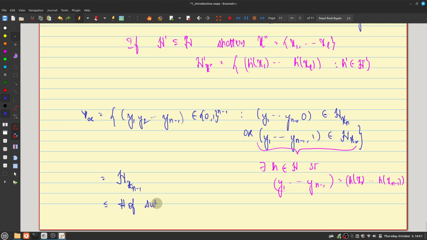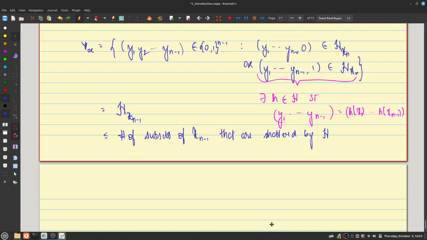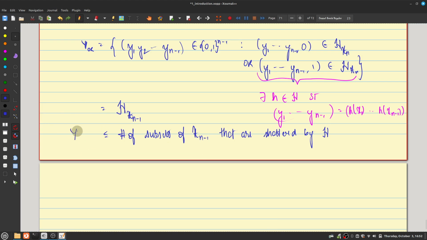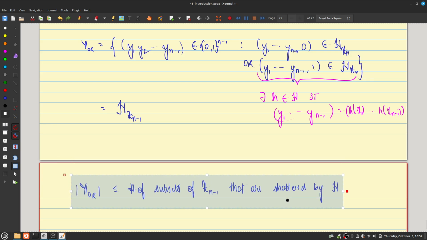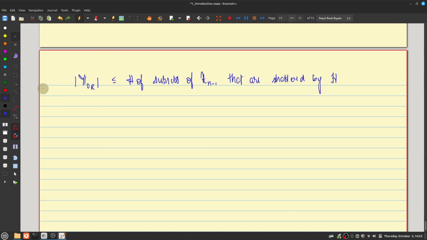The number of subsets of xn minus 1 that are shattered by H. This is again just by induction.